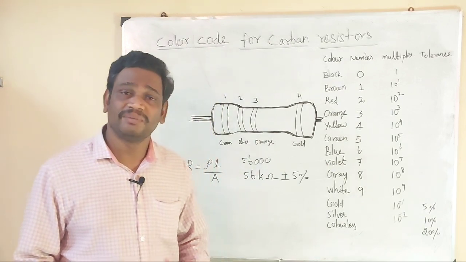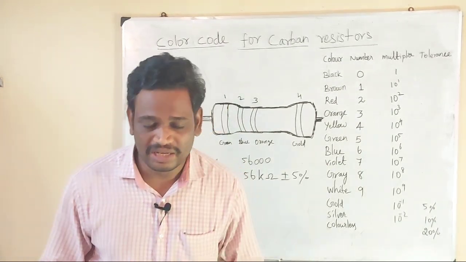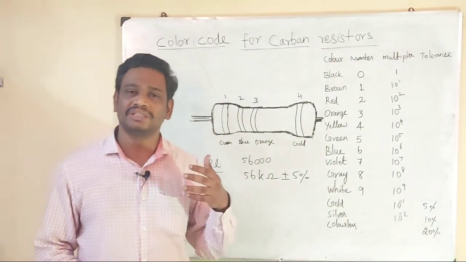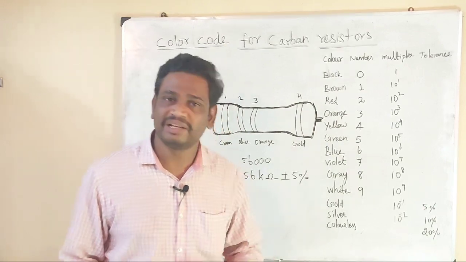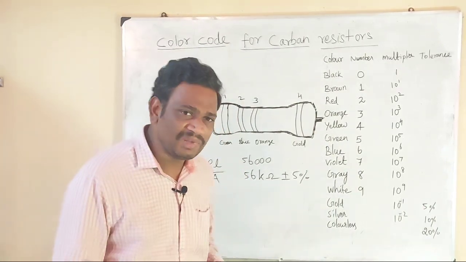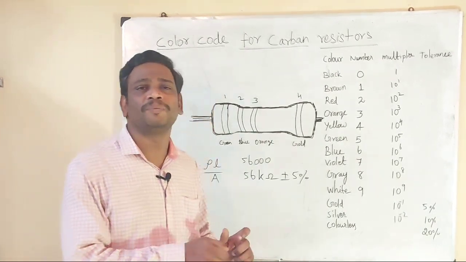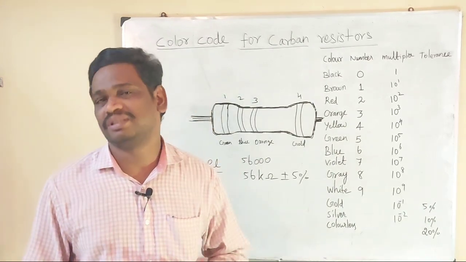For example, we can measure current, voltage, resistance, the capacitance of a capacitor, and alternating voltage and alternating current. So with just a single device, just by turning the knob, we can measure different parameters.